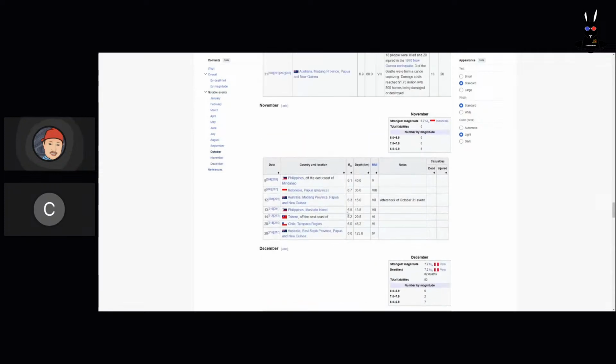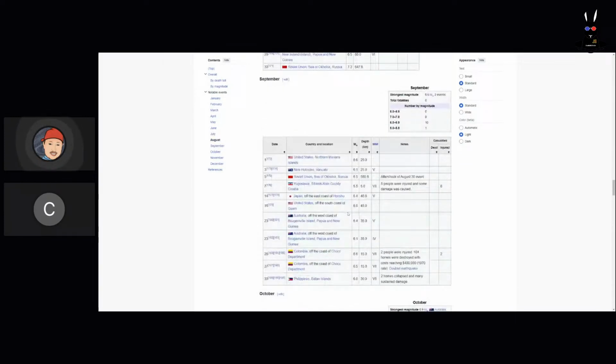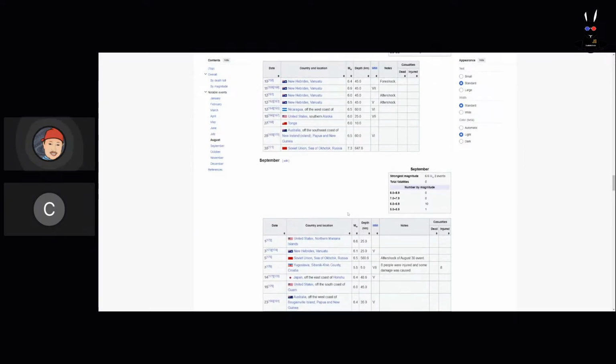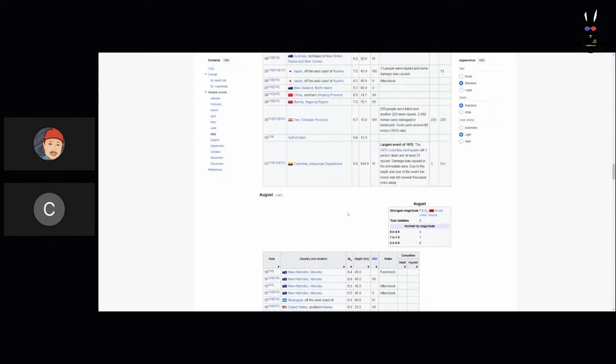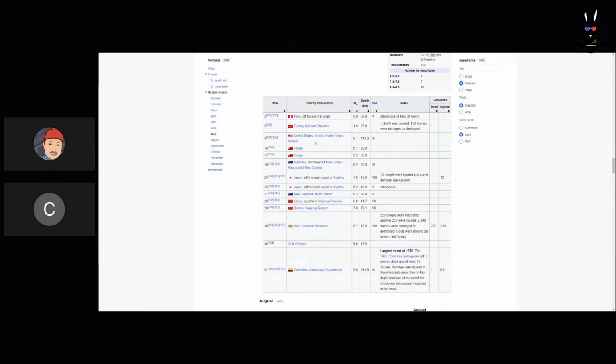Then it came into where we are. Yeah, the largest earthquake in 1970 was Colombia's 8.0. That's pretty crazy. Virgin Islands had a 6.1 that same month.